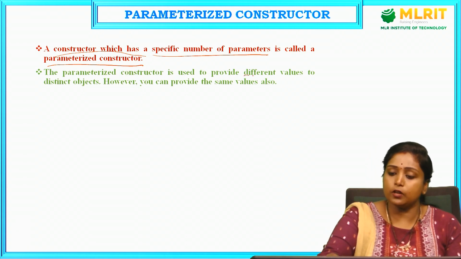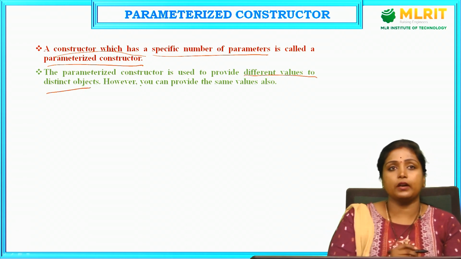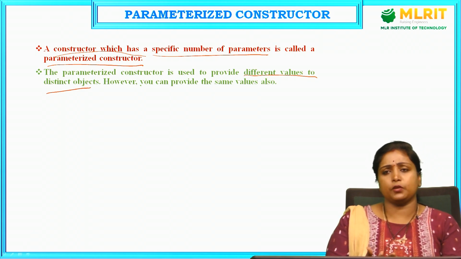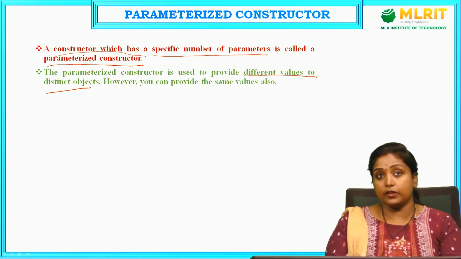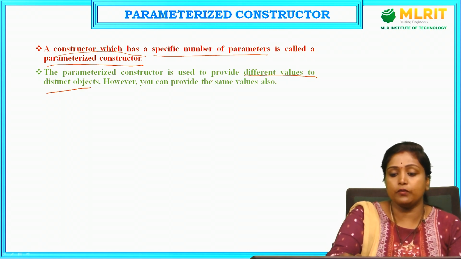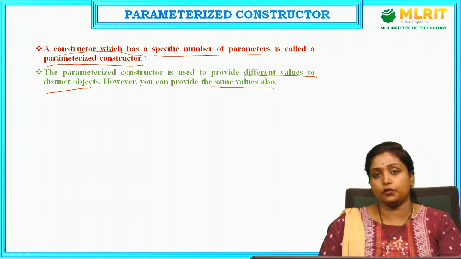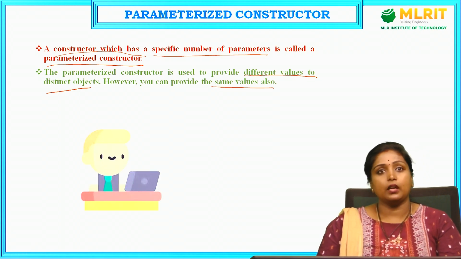Whenever you are creating an object, if I'm creating 3 objects for a particular class, I can provide different values. You can provide the same values also, or different values for the different objects.